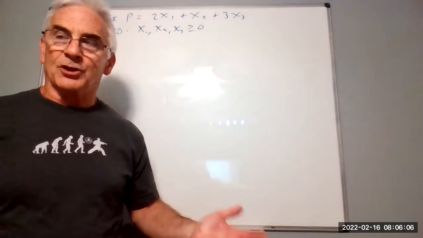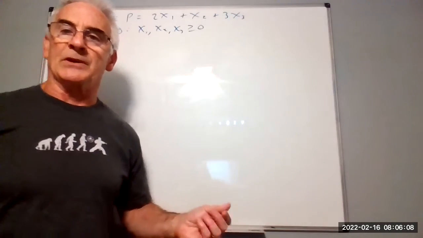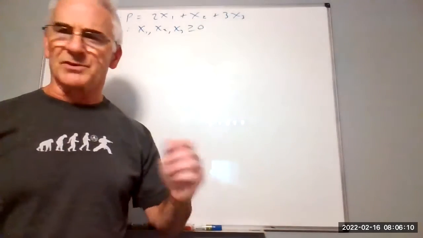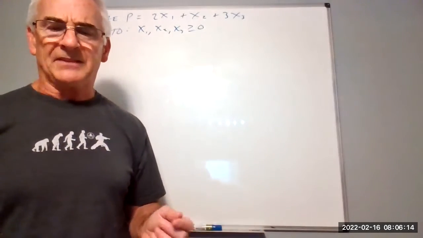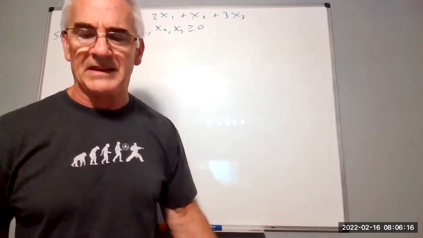In real terms, x1, x2, and x3 would be my resources, might be time, might be money, might be manpower, whatever. So it's not reasonable that those could be negative values.